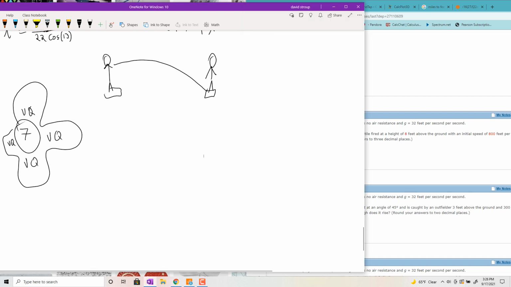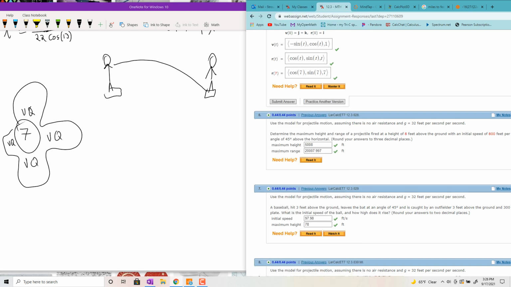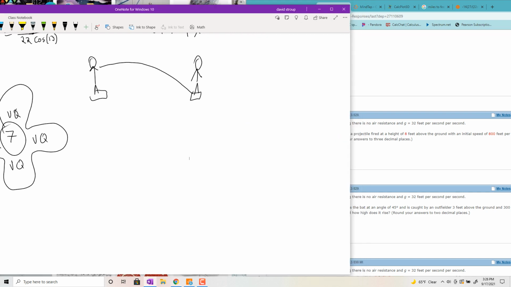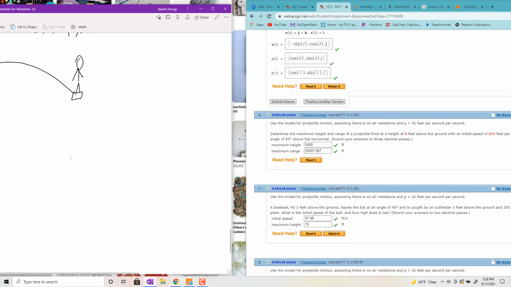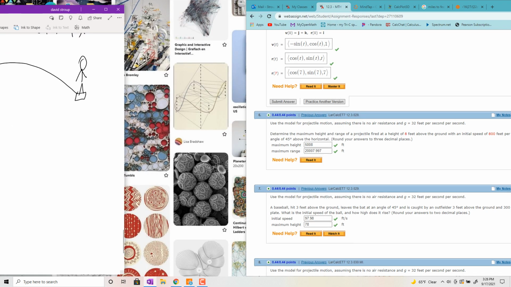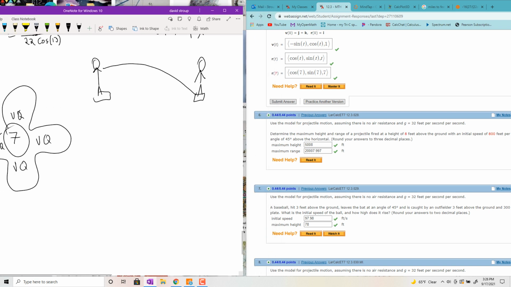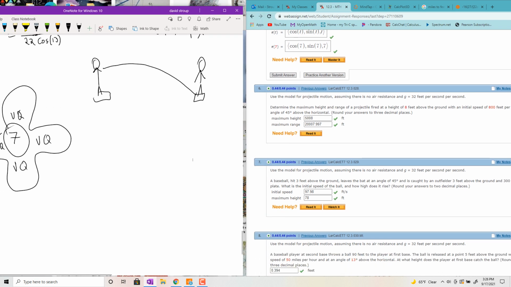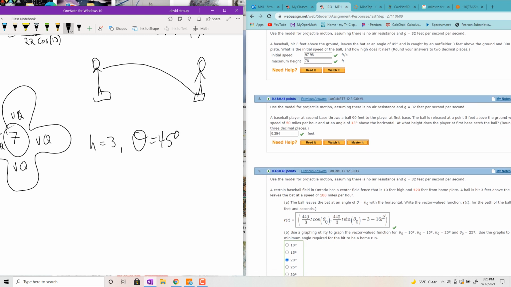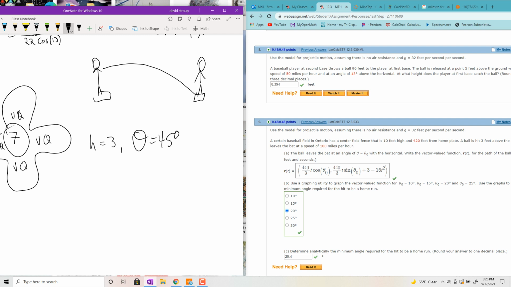Okay, so let's take a look here at what's going on. Use the model for projectile motion again. Baseball is hit 3 feet above the ground, so H is automatically 3. It leaves the bat at an angle of 45 degrees. This one may be too easy for us. I bet that last one is kind of annoying.